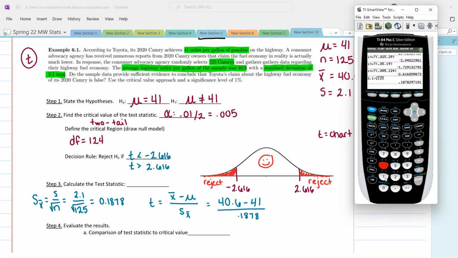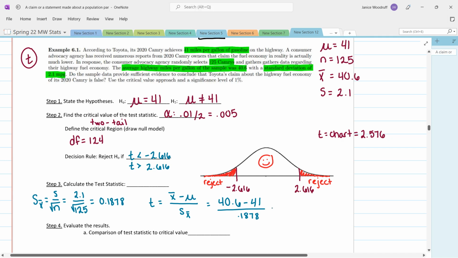Okay, so 40.6 minus 41 divided by 0.1878. We get negative 2.13. Okay, so that is our test statistic, negative 2.13.